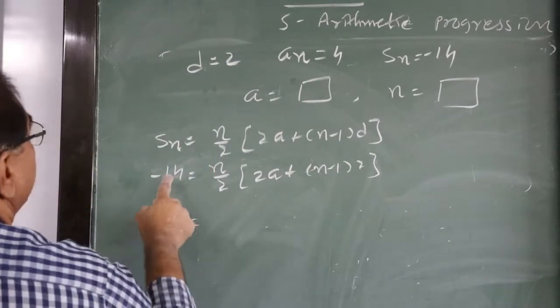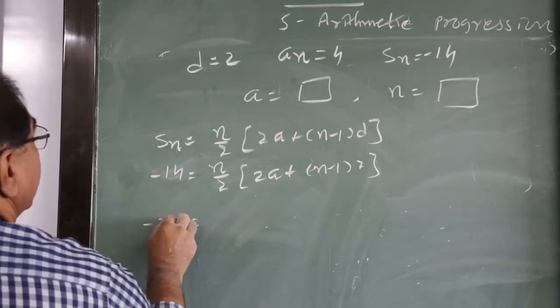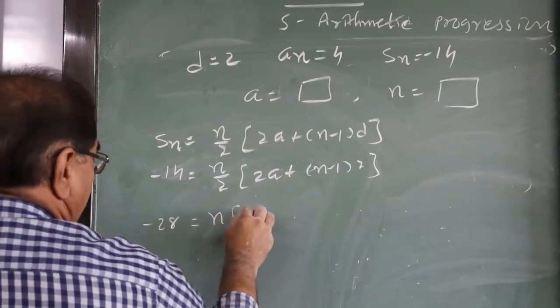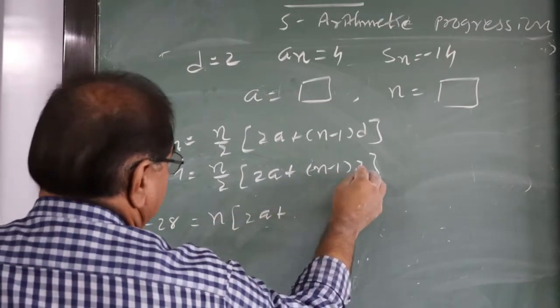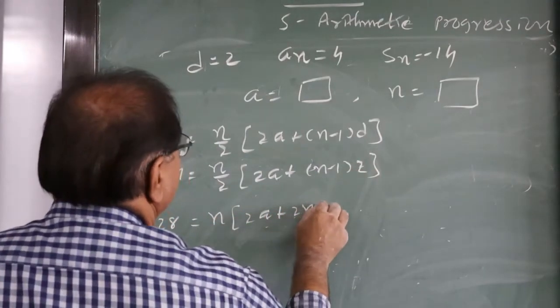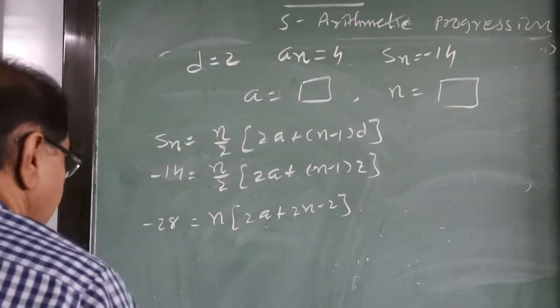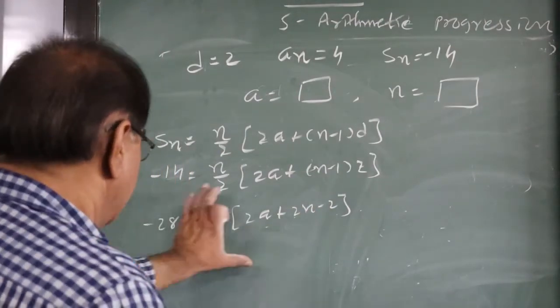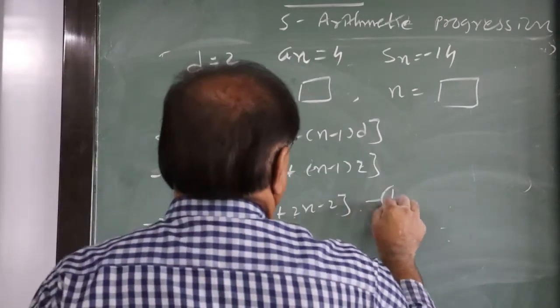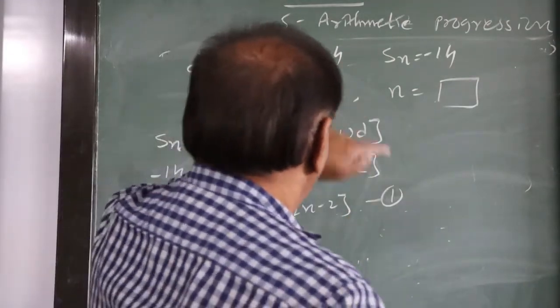So it is minus 14 2s are minus 28, n into bracket 2a plus 2n minus 2. Okay. So this is one of the equations we get. Now we have an also.